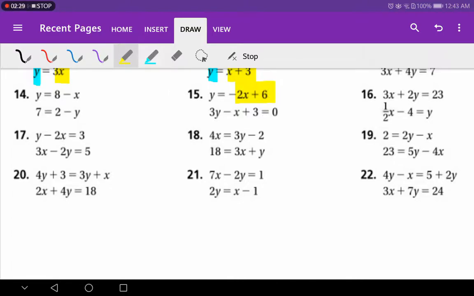Here y equal negative 2x plus 6, and because of that he lets you substitute the y in the second equation, for example, and do the calculations that you know.